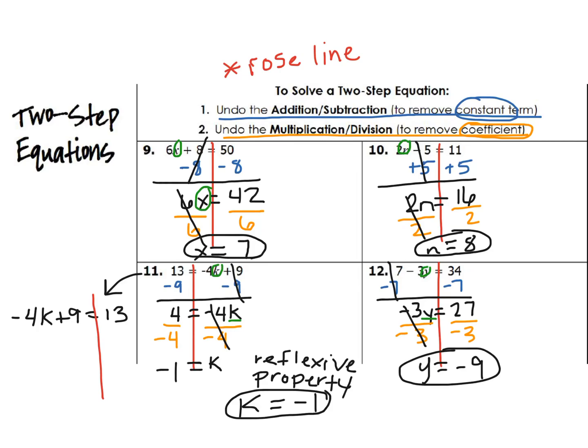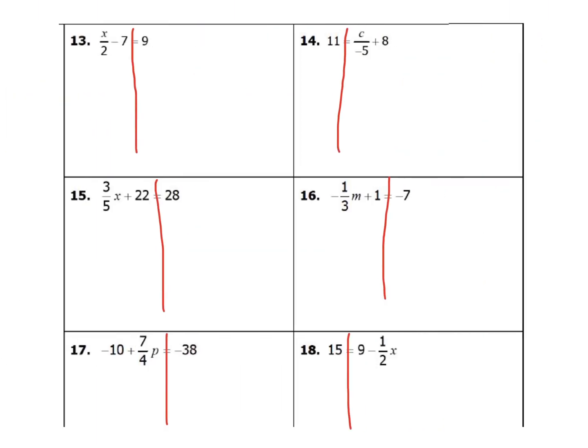I'd like for you to go ahead and move over to number 13 with me. And let's see how it looks when we include division into the mix, okay? So I've drawn my rose lines. I'm going to circle my variable term here. All right, well, I'm not able to circle my variable term because it's too close to the top of my screen.